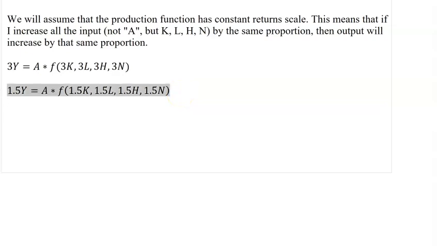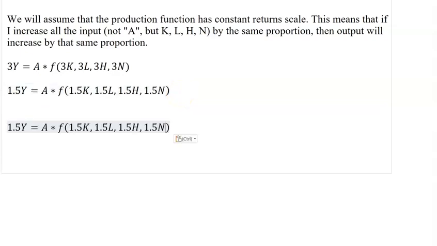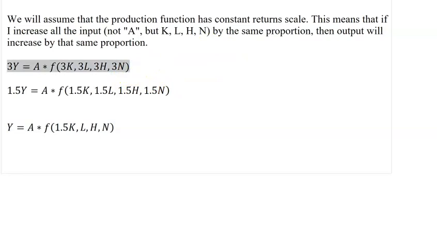However, if only one of the factors increases, let's say K increases by 1.5 and everything else remains the same, so initially we had just K, L, H, N, and then my level of capital went up by 1.5 times.